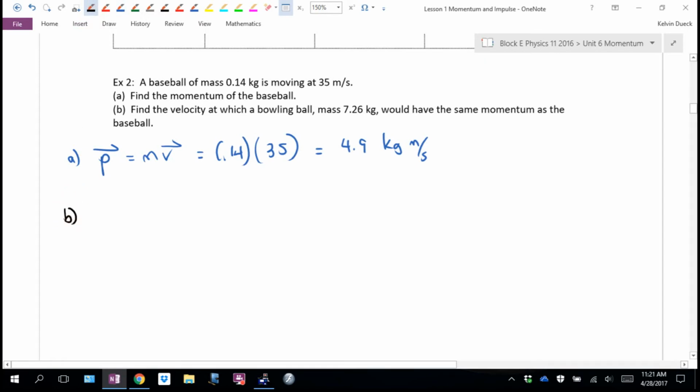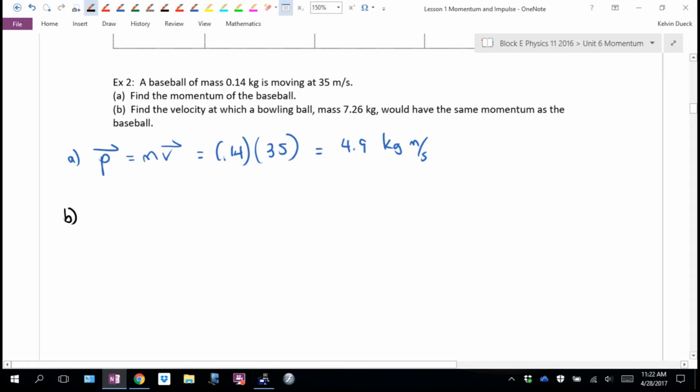B. Tristan, what's B want me to find? Velocity. Now, up until now, every time you've seen the word velocity, your brain has thought, well, VF equals VI plus AT. VF squared equals VI squared plus 2AD. And those still apply, but, you ready?